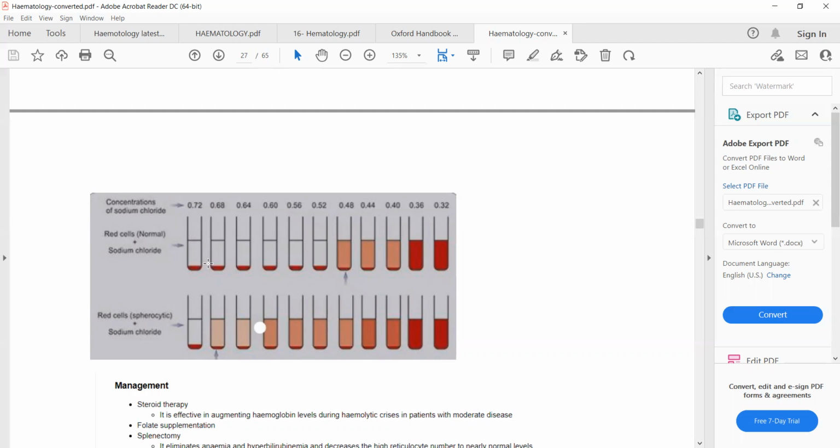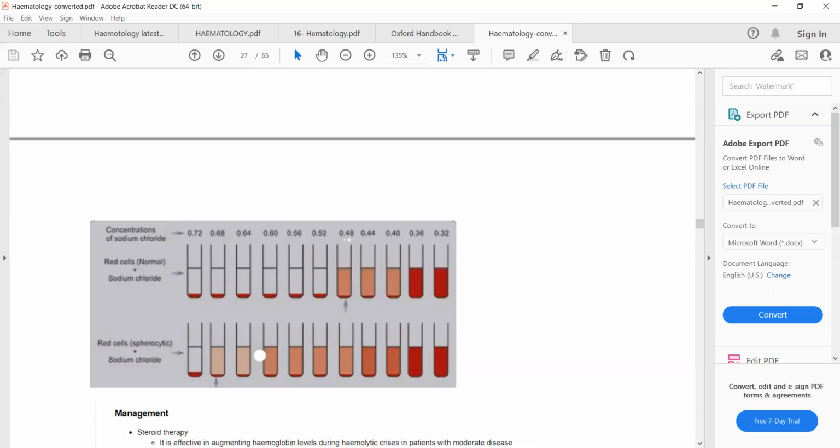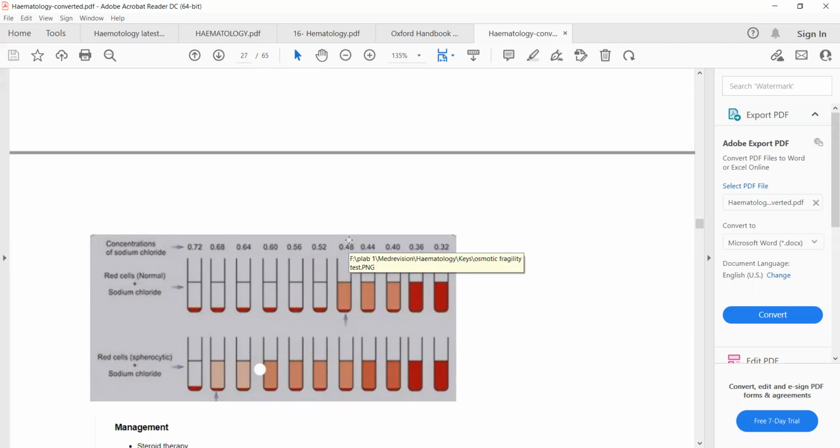You can see that hemolysis has started here and it is completed here. So normally hemolysis starts at 0.5% NaCl and it is completed at 0.3%.